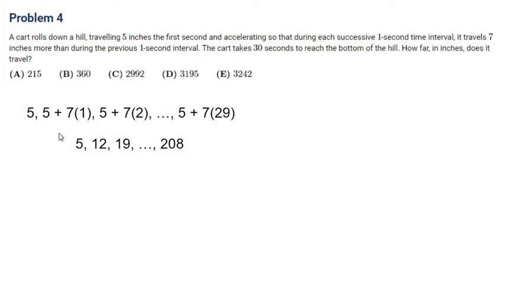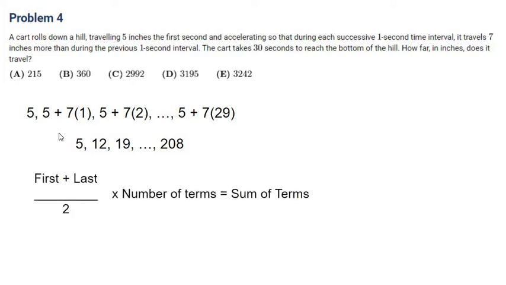Now, what we have to find is how far in inches the cart rolls down the hill. And in order to find that, we need to find the sum of all the terms in the sequence. The formula for calculating this is the first number plus the last number, divided by 2, times the number of terms, which gives you the sum of the terms.